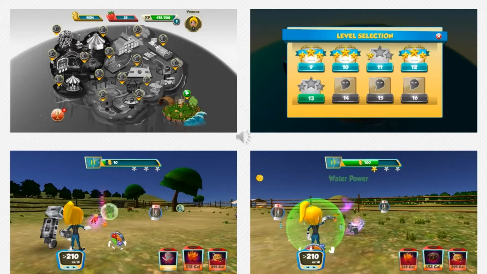And children are then immersed in these 3D worlds where they encounter food, and food choices affect their superpowers, and they really get to implicitly develop an understanding of how their choices impact their health.